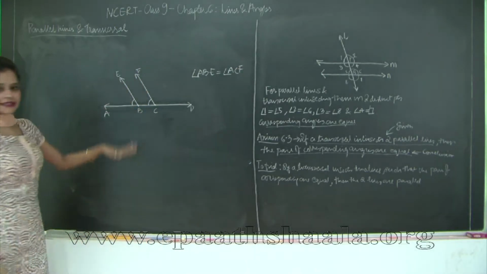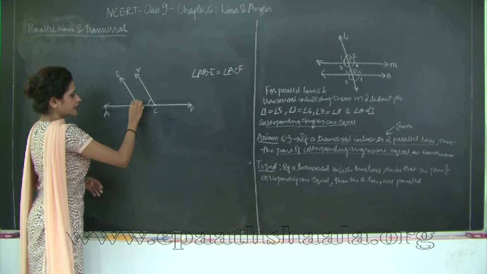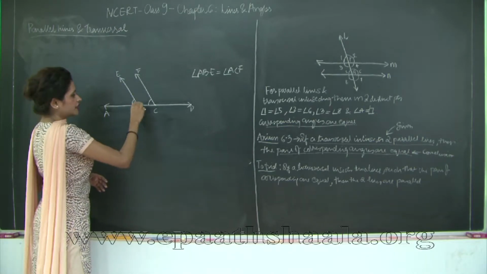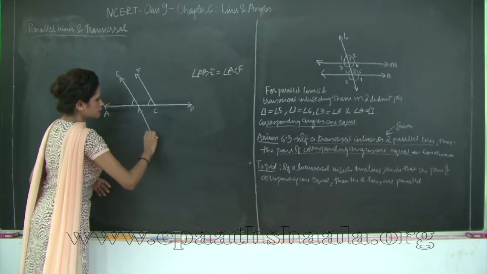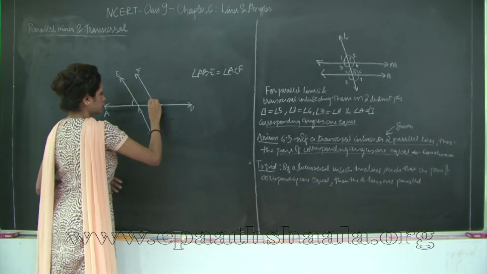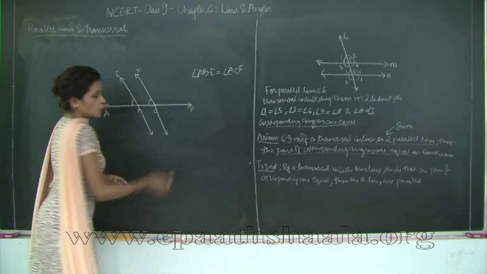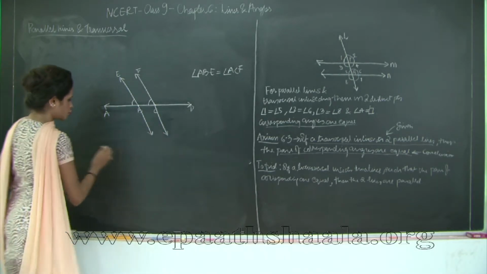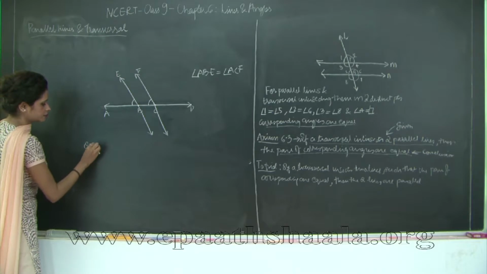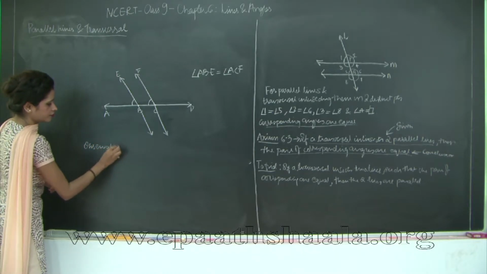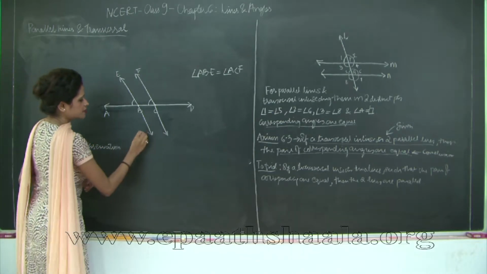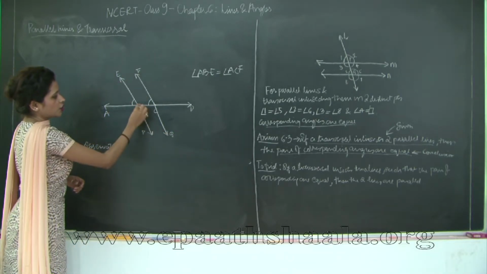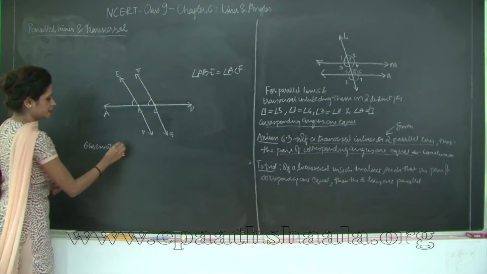Once this is done, extend this line on the other side of line AD, that is, extend EB on the other side. What you will notice is that these two lines are not intersecting. So your observation is, I'll mark these as P and Q, that BP and CQ are not intersecting.